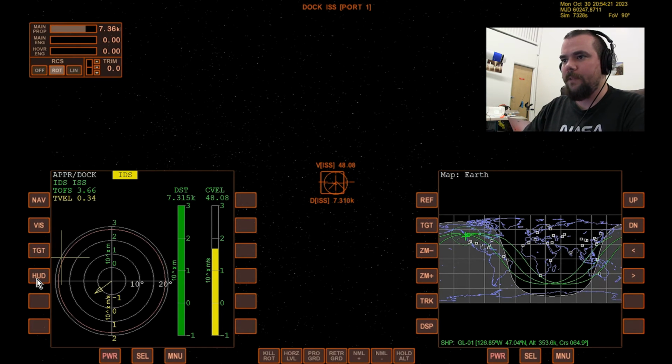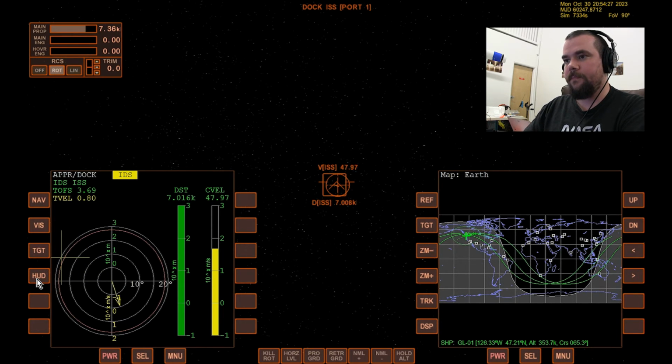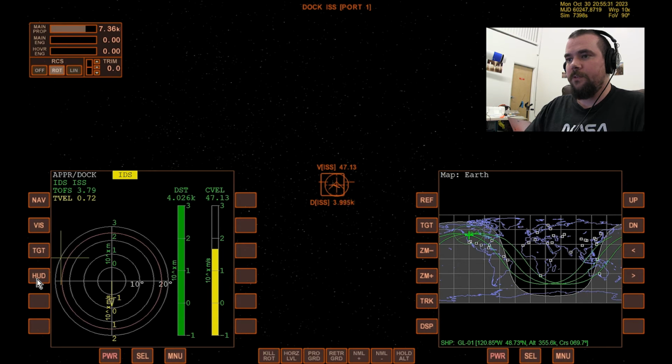Okay, so 50 meters per second, 7 kilometers. Okay, still going to be almost 2 minutes there. Get a little bit closer, a little time warp. 4 kilometers, 3 kilometers.